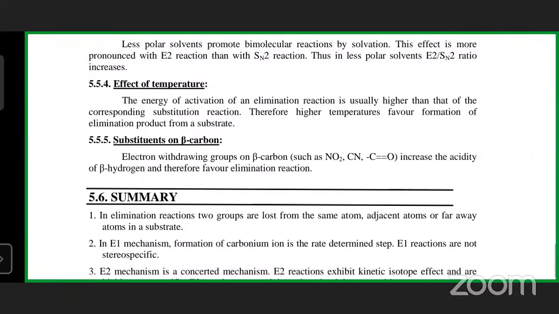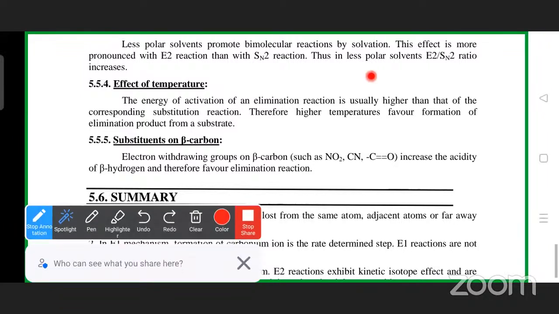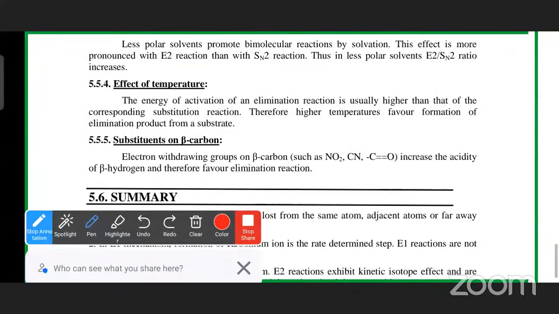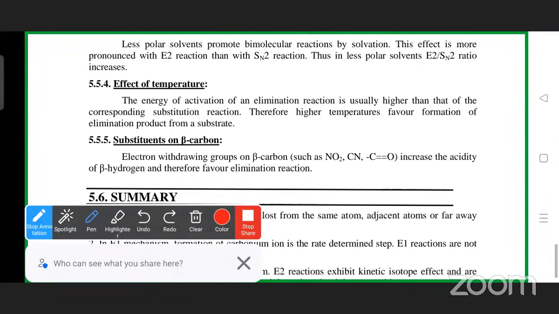And the substituents on the beta carbon. Generally, if an electron withdrawing group is present on the beta carbon, for example here, this is some X, the reference carbon is alpha, and this is beta, so the beta hydrogen is here.